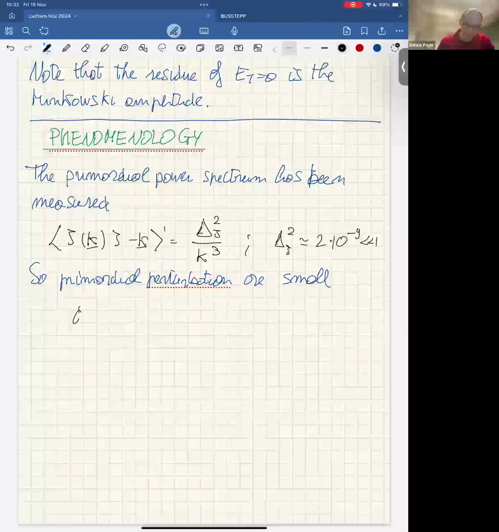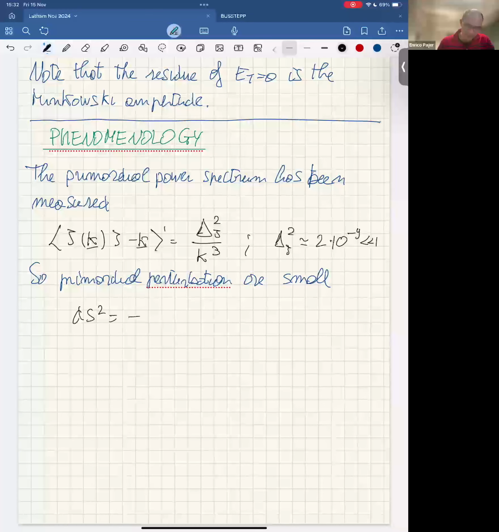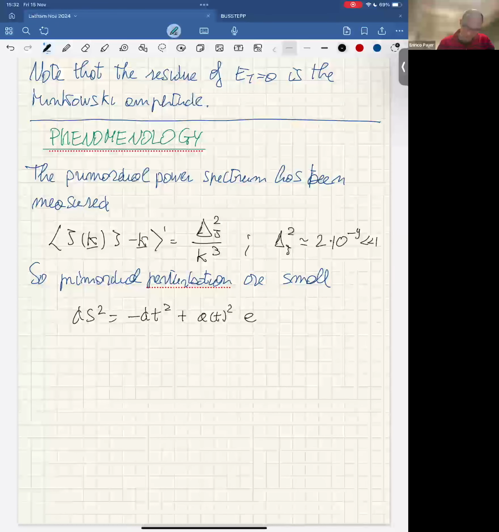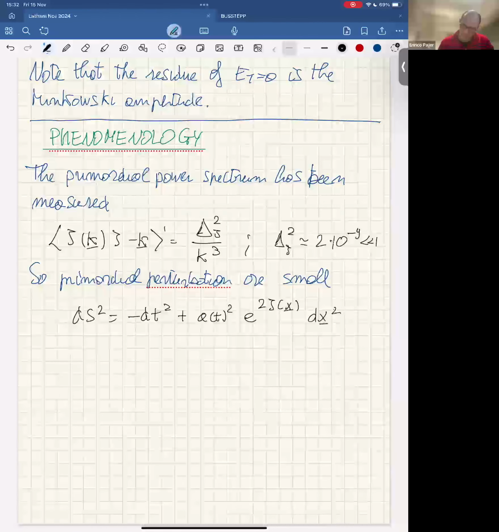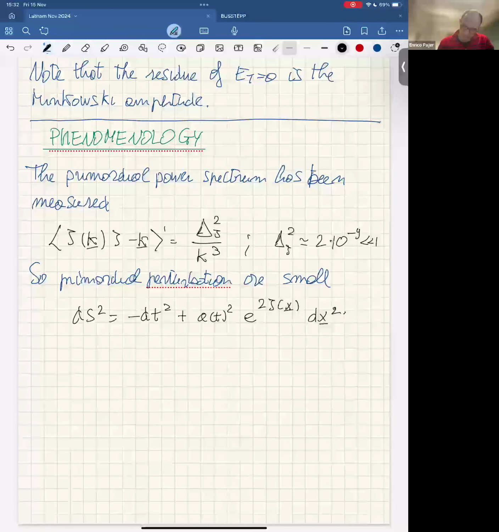Maybe I remind you that zeta is the thing that appears in the deviation from perfect homogeneity and isotropy of the space-time metric.